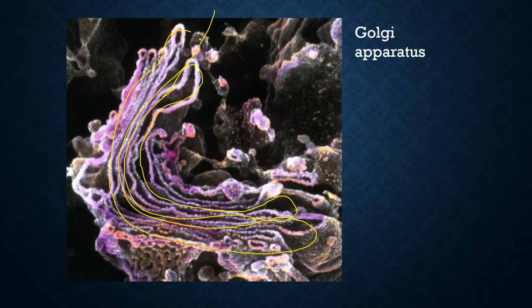One side of the Golgi faces the ER and serves as a site of entry for vesicles from the endoplasmic reticulum that have cellular products. The other side faces the plasma membrane, and it takes these cellular products and expels them out of the cell via exocytosis so that they can go to other parts of the body.